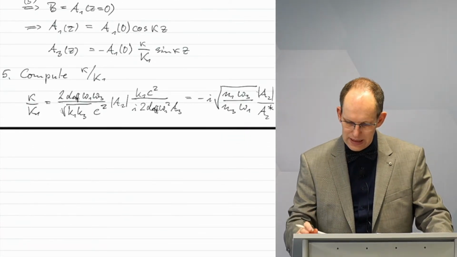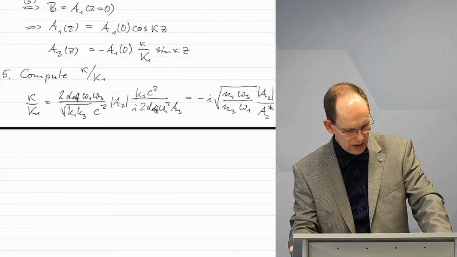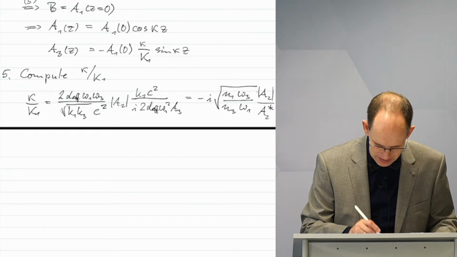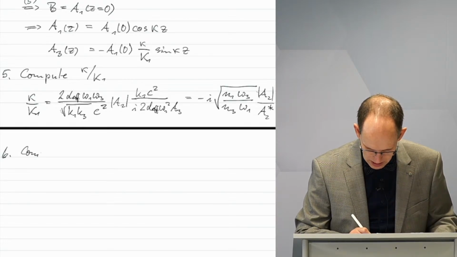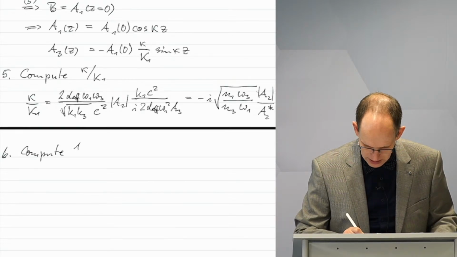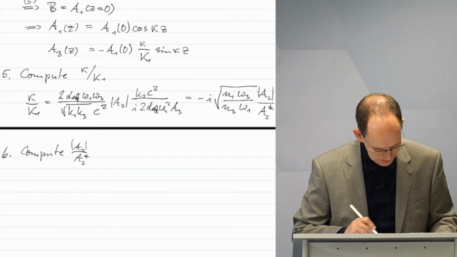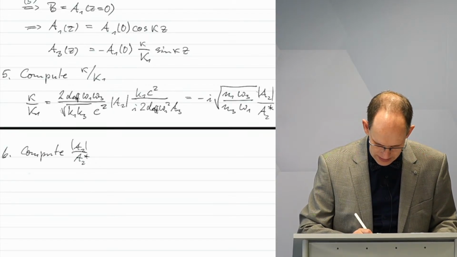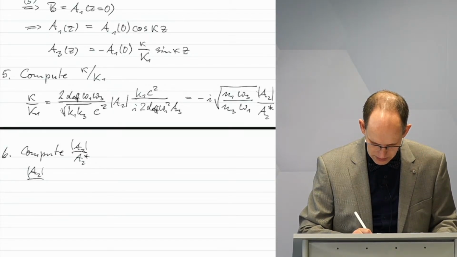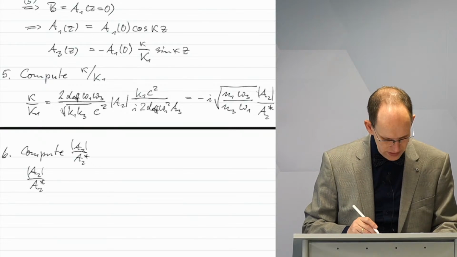So what is the magnitude of a2 divided by a2 star? Let's compute that. What you find is that the magnitude of a2 divided by a2 star is just the phase of this field.